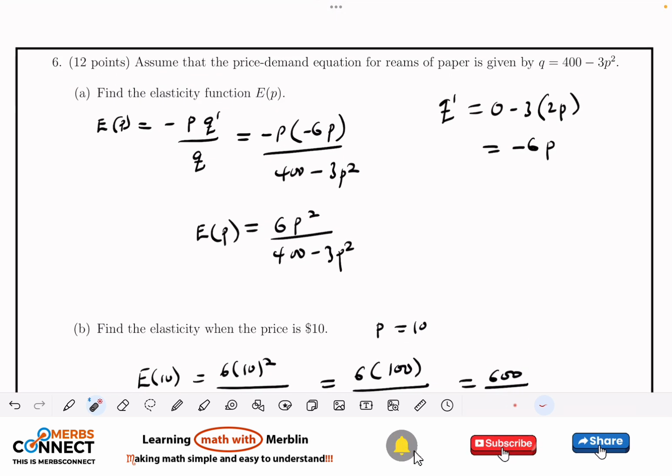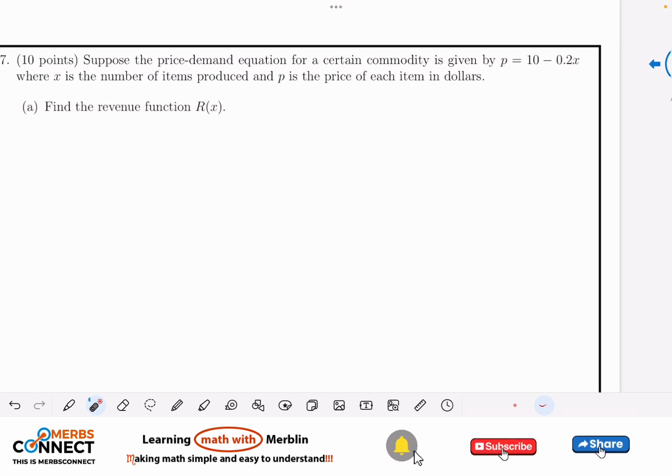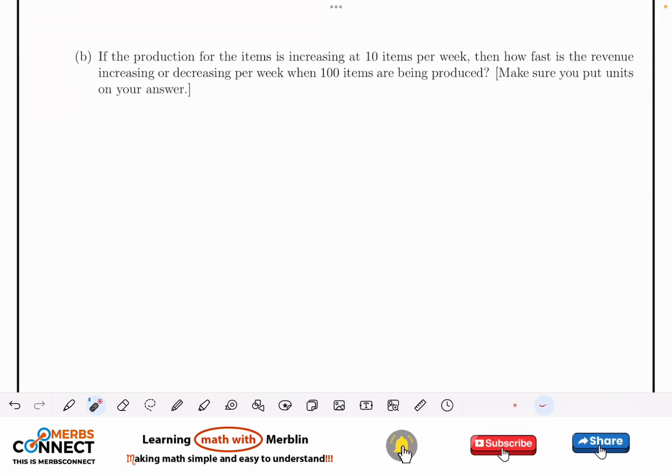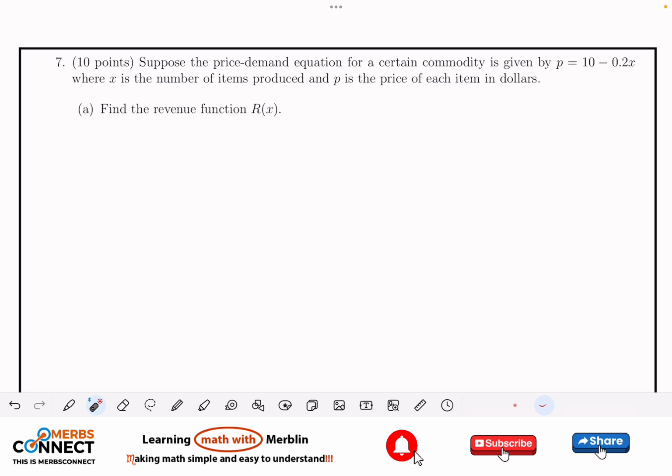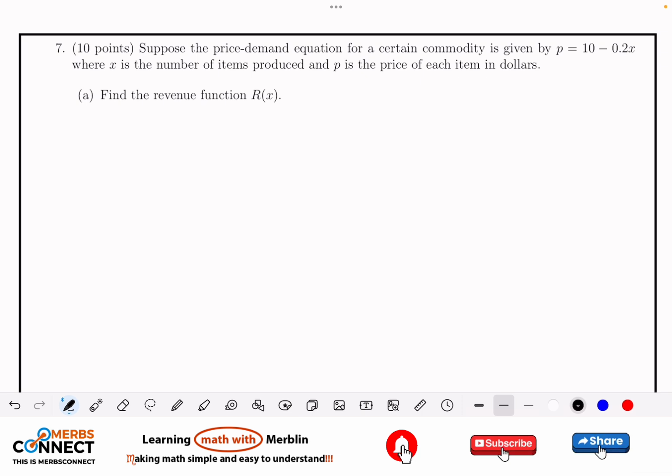So now let's do the last question, which is question 7, and then we are done here. Suppose we have the demand equation, which is this, where X is the number of items produced and P is the price. We want to find the revenue function. R of X is equal to X times price.